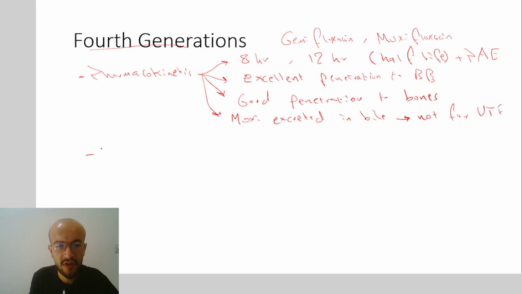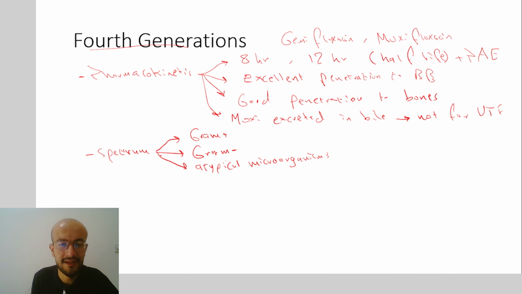Regarding the spectrum of the fourth generation, it also covers the gram positives better than the gram negatives, but it does cover some gram negatives, same as the other generations, and it covers the atypical microorganisms and the anaerobes.